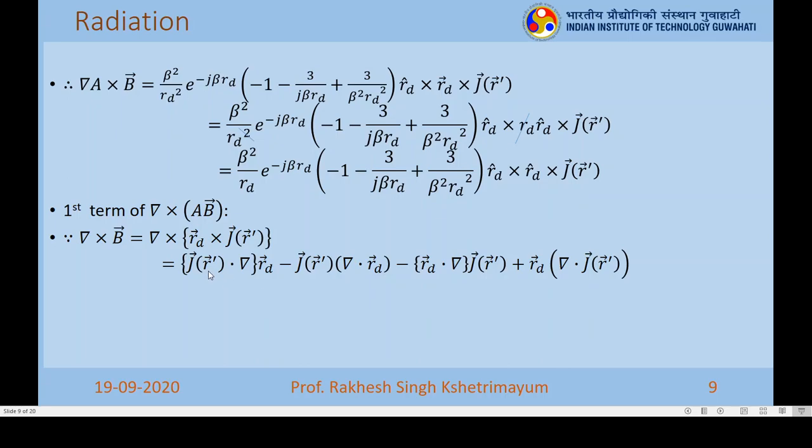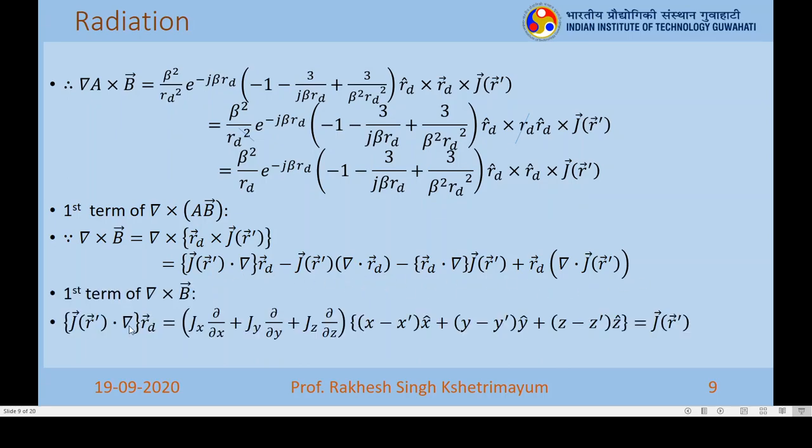Let us try to find these four terms. First term is J dot del. What is J dot del? J is a vector, any arbitrary vector in the xyz region. It will have components jx, jy, jz, and the del operator has del by del x x hat, del by del y y hat, del by del z z hat. When you do the dot product of these two, what you get is jx del by del x plus jy del by del y plus jz del by del z.